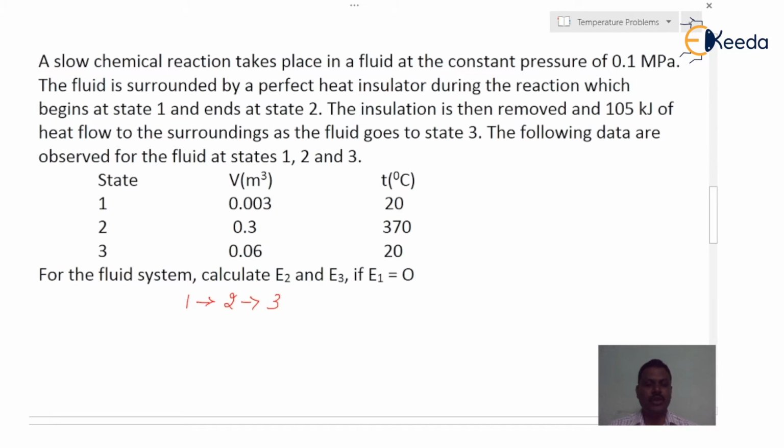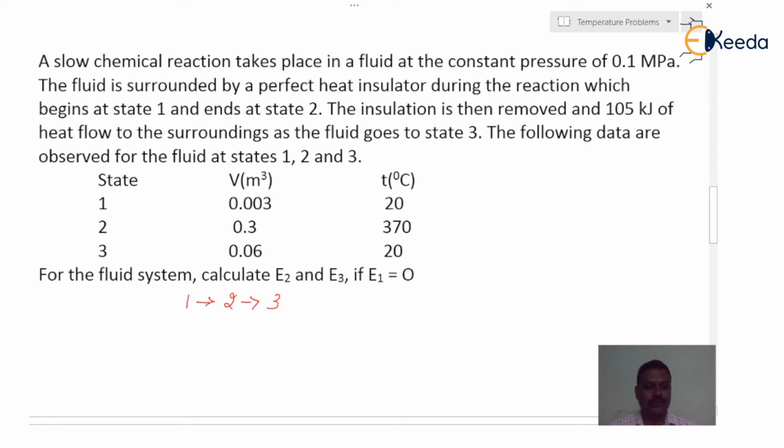Whatever heat is released by this slow chemical reaction is either used to produce work or to increase the internal energy of the system.